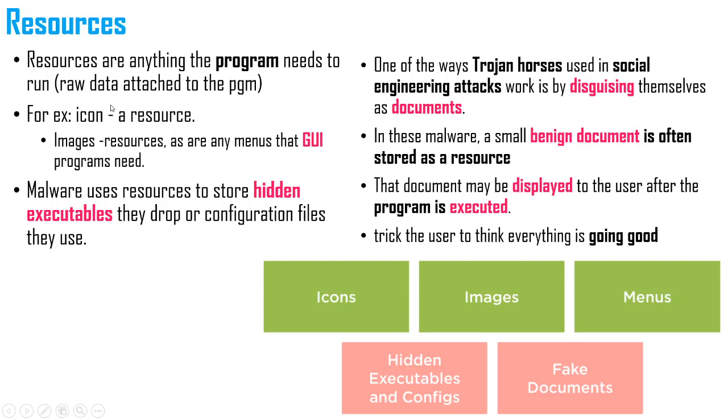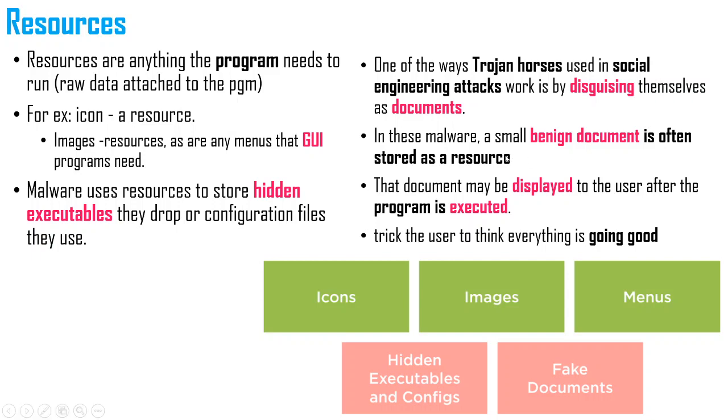So say here on the right hand side I have given one example. One of the ways that Trojan horses used in social engineering attacks work is by disguising themselves as documents. So it seems like a legitimate document. Say for example, in social engineering attacks, in a Facebook, it looks like a legitimate document, covering themselves as a document, but within that document it has some executable scripts.